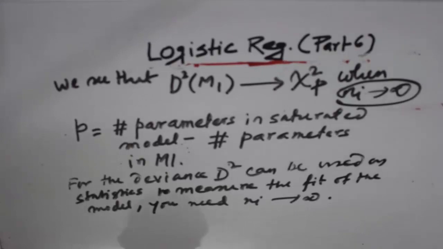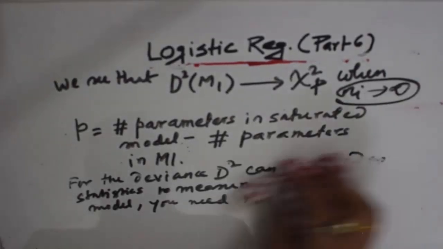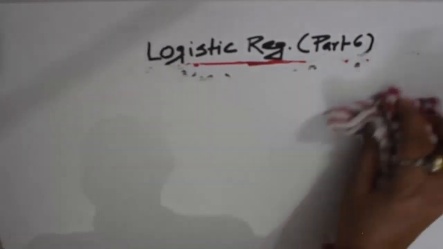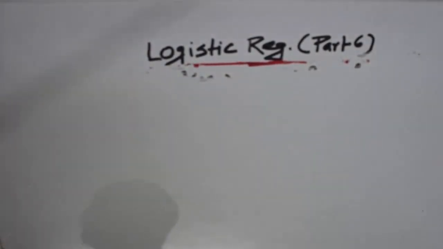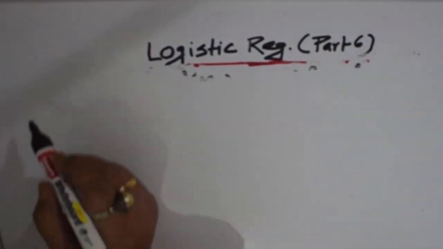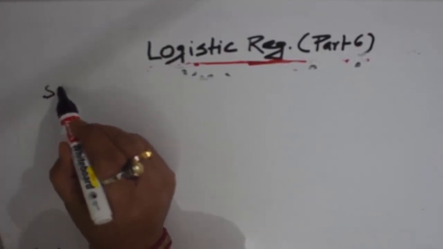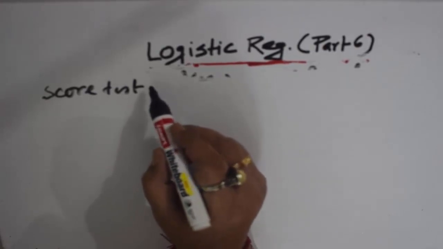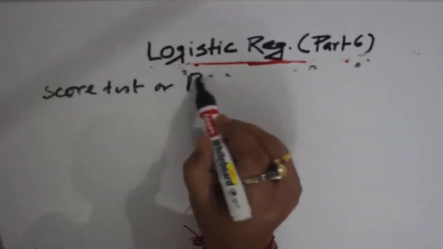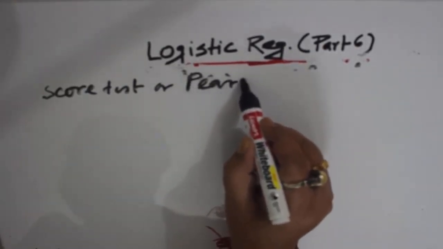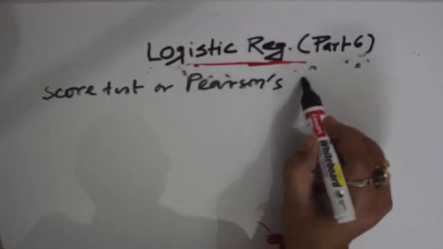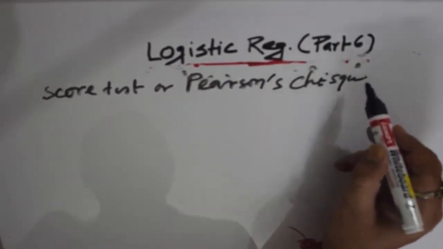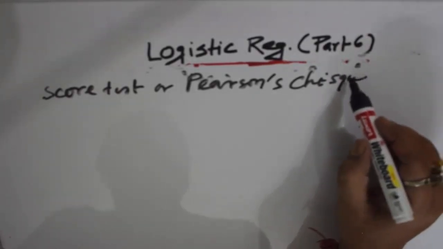We can use an alternative test, that is the score test or Pearson's chi-square goodness of fit.